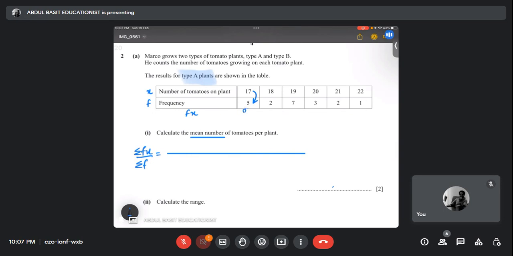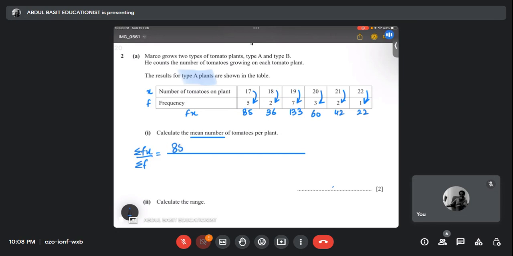85. It's 85. 18 times 2 is 36. 19 times 7 is 133. 20 into 3 is 60. 21 into 2 is 42, and 22 into 1 is 22.